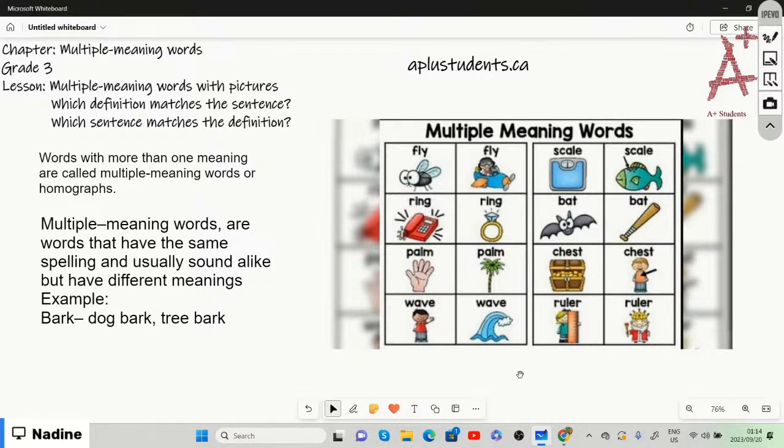And then the other ruler is like your king or your prince that is ruling over the country or the state. So he is in charge, right? He's ruling. And these are multiple meaning words.